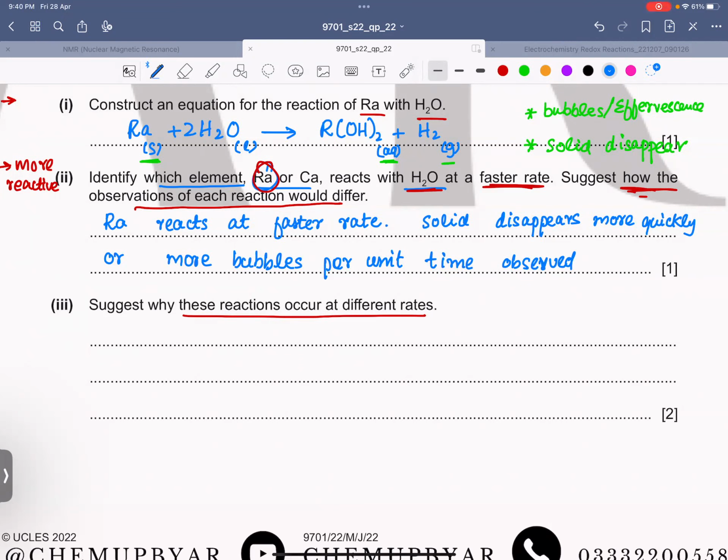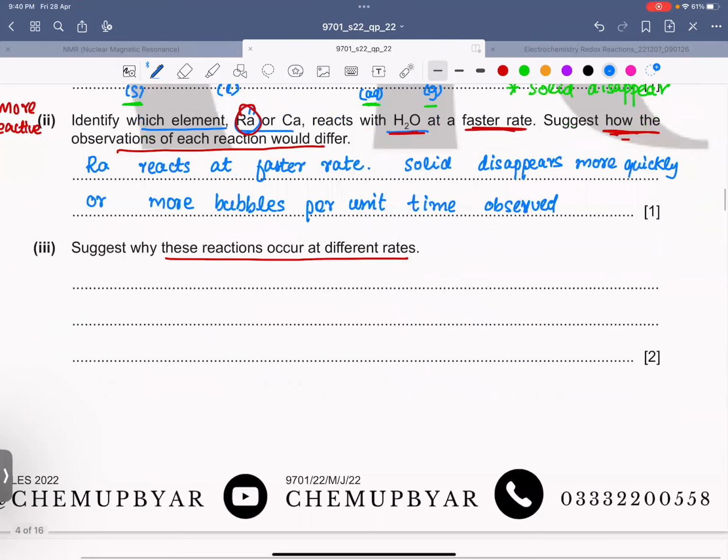Okay, sir. So the first statement would be, for example, the ionization energy for radium is lower.